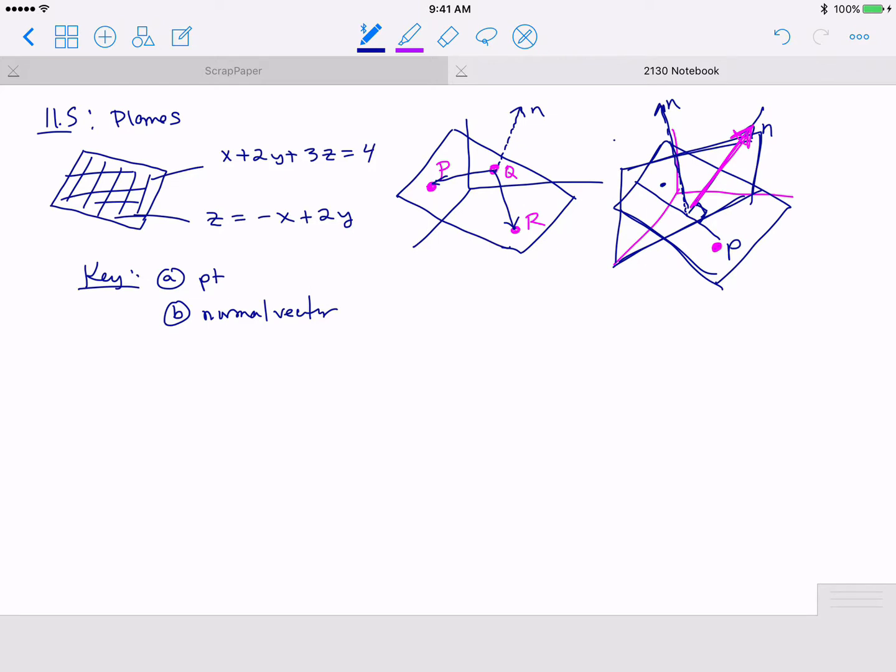So let's set our sights on constructing the equation of a plane that goes through a given point. Typically the point that you're given is called x naught, y naught, z naught. This is the point that you're interested in.